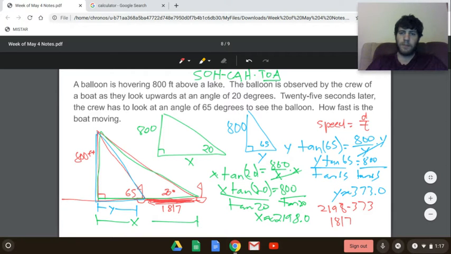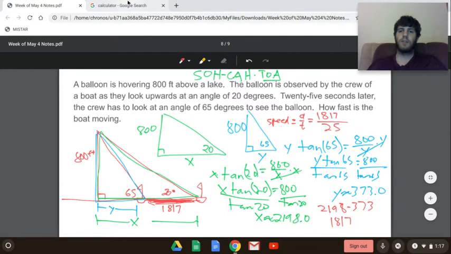Okay. And we want to know how fast the boat is moving. So speed is distance over time, like we set up here. So speed equals distance over time. Well, we know the boat went 1,817 feet in 25 seconds.